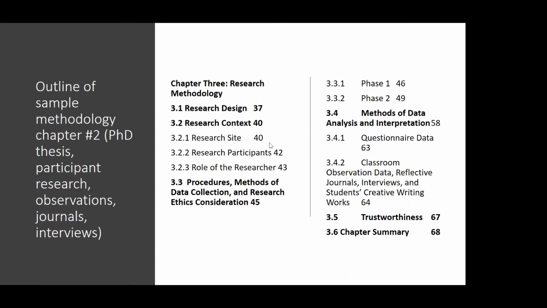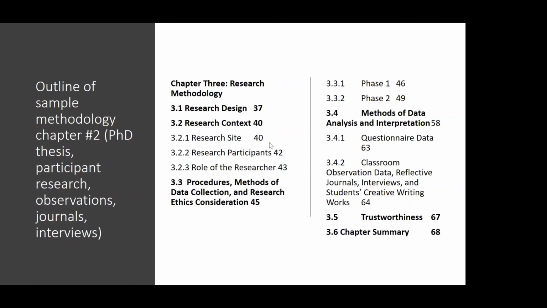So she's broken those down into 2 sections, phase 1 and phase 2. And in phase 1 and phase 2, she has talked about the various methods of collection that she's going to use. So she's talked about why she did an initial survey of the students, why she then got them to create a journal, why she then got them to do open-ended interviews, and then why she asked to see their creative writing at the end.